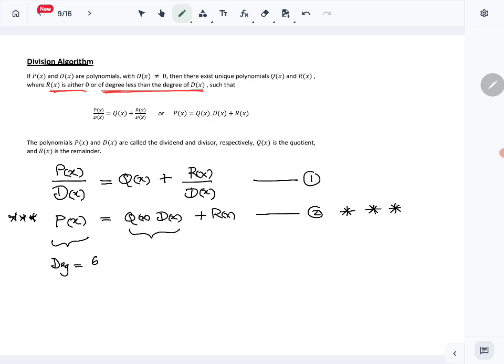Then the term q(x) times d(x) will have the same degree. Remember that q(x) times d(x) has to have the same degree as p(x). So when you write a polynomial in the second division algorithm form, the p(x) degree has to match the q(x) times d(x) degree, right? So that is an important thing to notice, right?